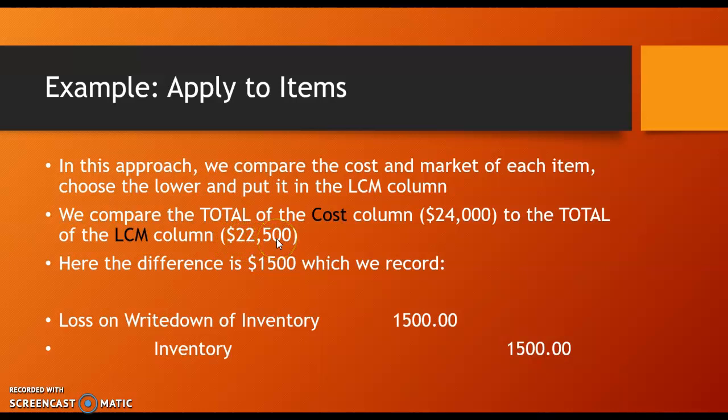So that way we're taking into consideration the lower of cost or market of each category by using that column as opposed to the general overall total. And so here's the difference between the $24,000 total cost and the $22,500 LCM column. That difference is $1,500. So my journal entry will be the same. I'm going to credit, or lower, the inventory value by $1,500, crediting inventory, and I'm going to debit loss on write-down of inventory for the $1,500.